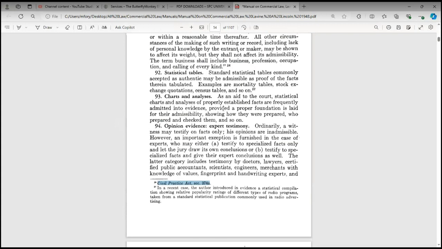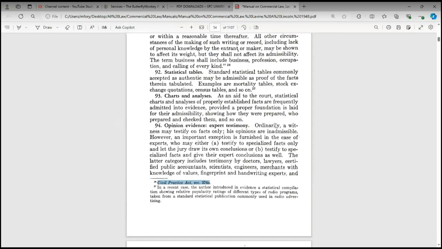Charts and analysis. As an aid to the court, statistical charts and analyses of properly established facts are frequently admitted into evidence, provided a proper foundation is laid for their admissibility, showing how they were prepared, who prepared and checked them, and so on.